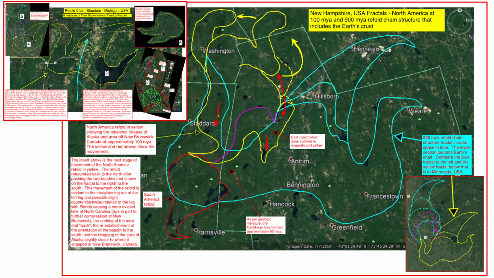Okay, this main featured fractal is in New Hampshire, USA, and outlined in blue. That's the one I'm talking about. So it appears, based on the details, that this fractal in blue is between phase 3 and phase 4 on the insert on the upper left here.